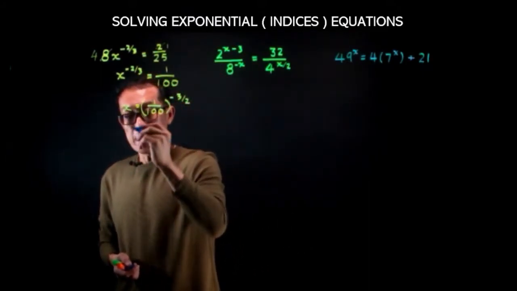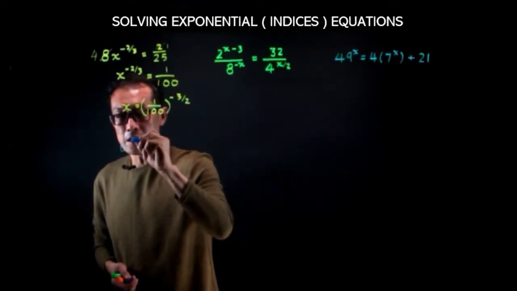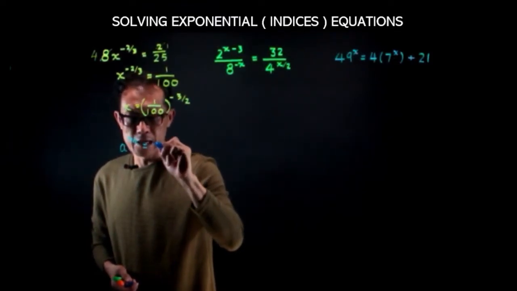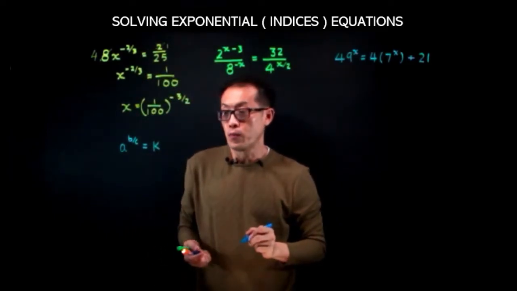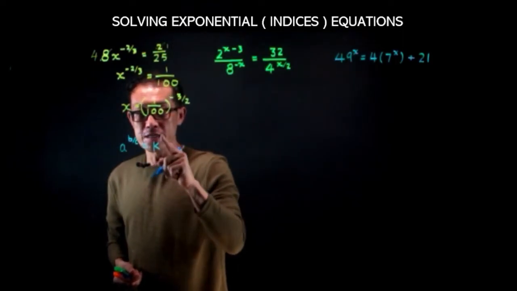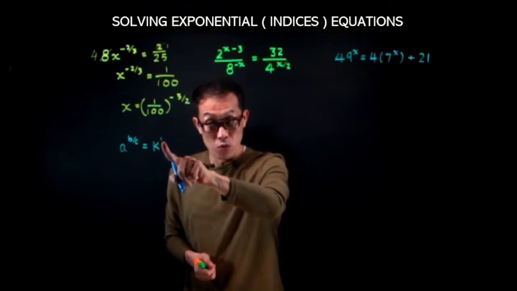Now, let's say a to the power of b over c is k. All right. Now, if this index here is 1 and this is a single term and here is a single term, this index is a 1.